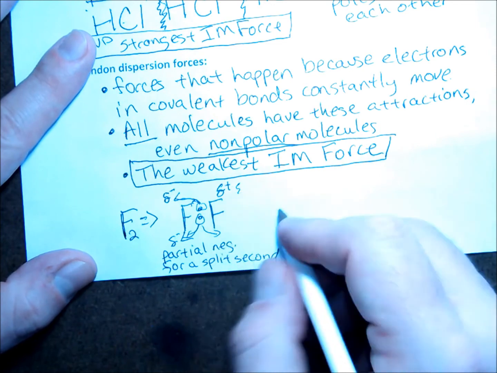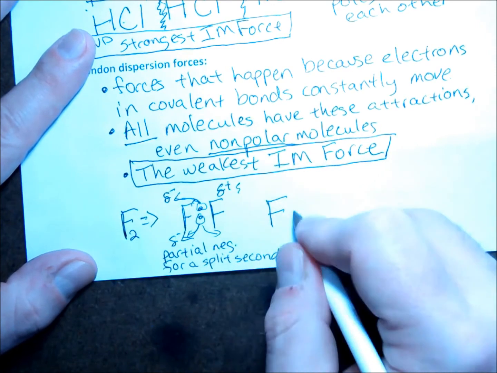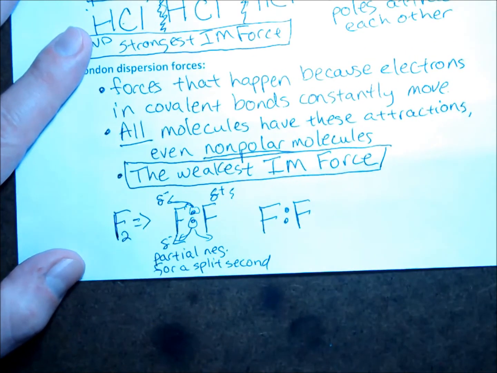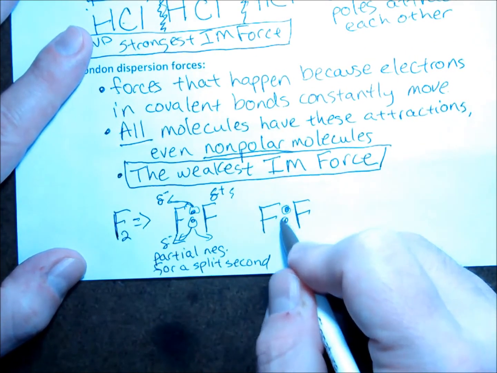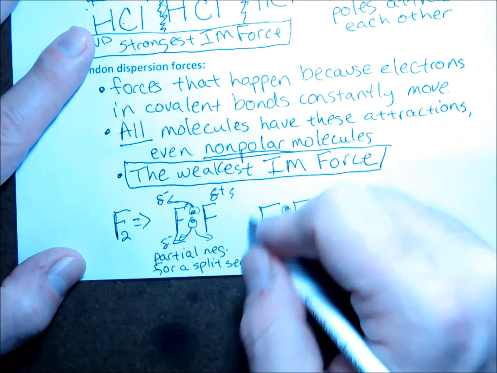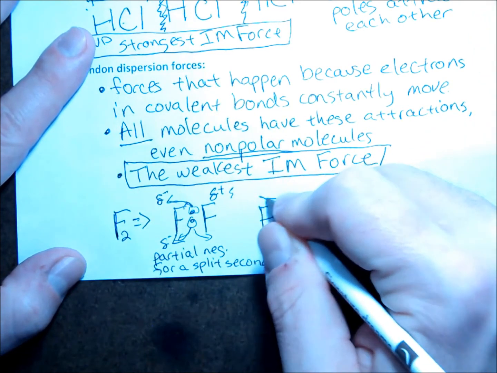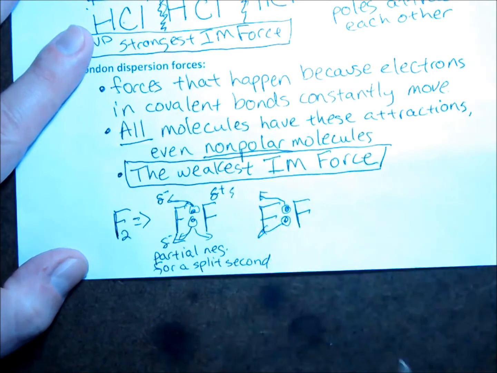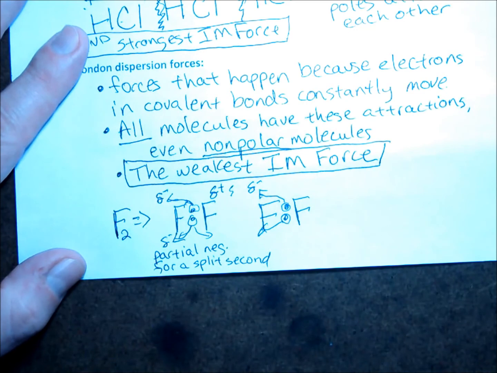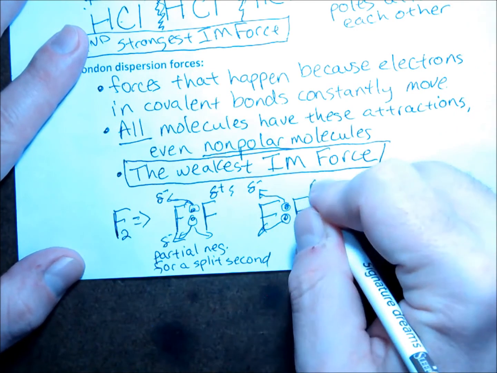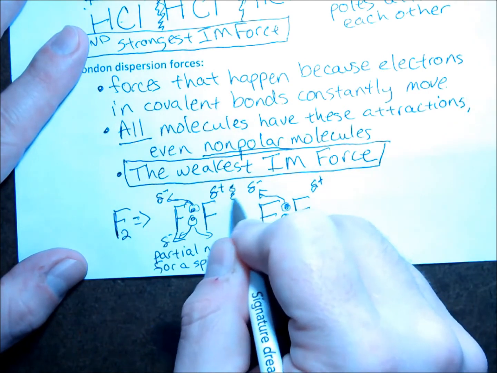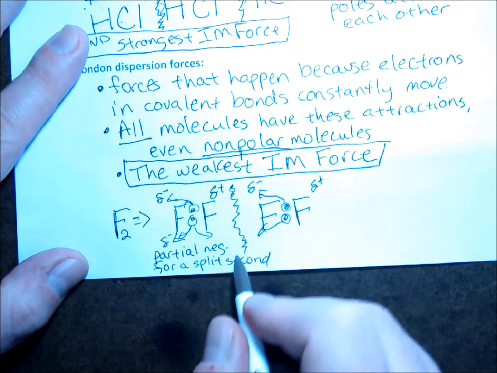So now the way F2 would stick together, okay, let's say you have another F2. Okay. And then the electrons here are constantly moving in the bond, and maybe now they are both over here for a split second, and this end becomes partially negative, and for that split second the F2 becomes partially positive.